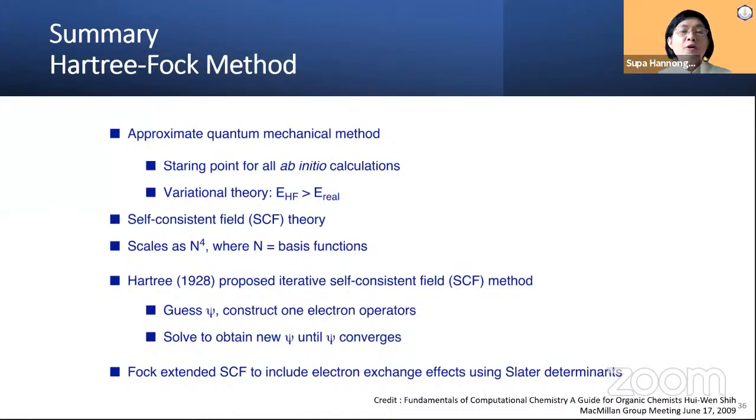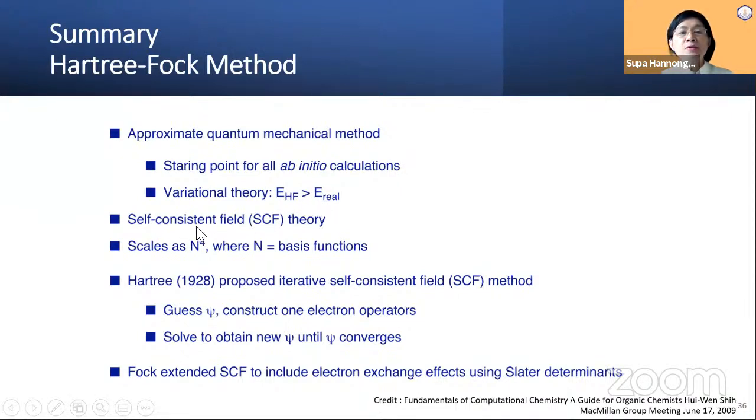So for this lecture, as a summary of the Hartree-Fock method, the main ab initio method is fundamentally about the ground state wave function. We approximate the quantum mechanical method by starting all ab initio calculations by applying variational theory, in order to get the energy at the Hartree-Fock level.